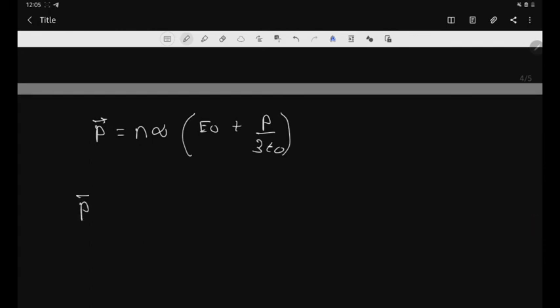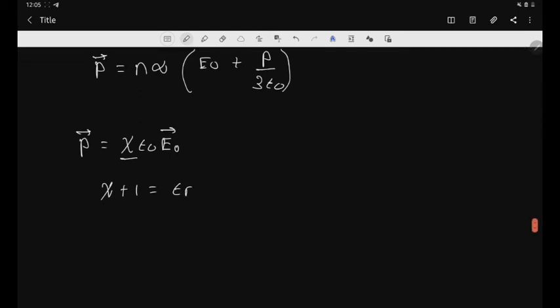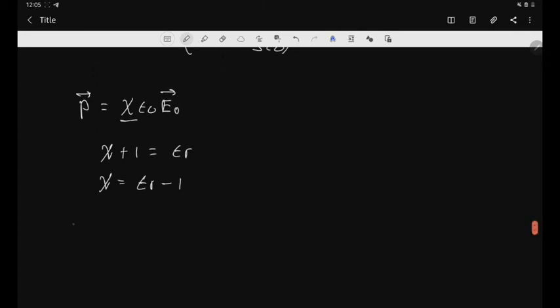As we know, the polarization vector is equal to xi epsilon naught into electric field, and xi plus 1 is the relative permittivity. So we can write xi as relative permittivity minus 1. So the polarization vector can be replaced by relative permittivity minus 1 into epsilon naught into E naught.